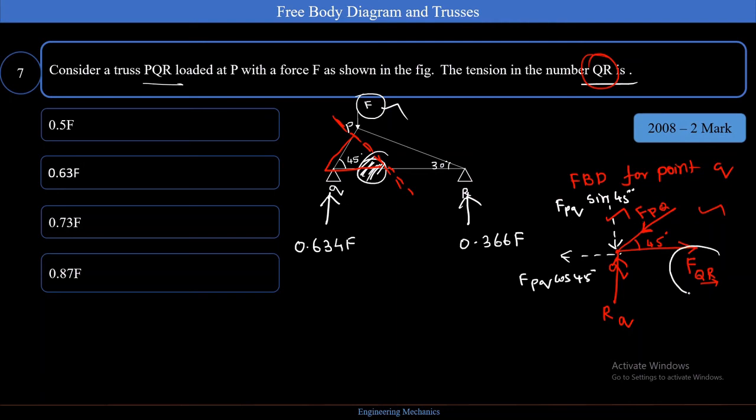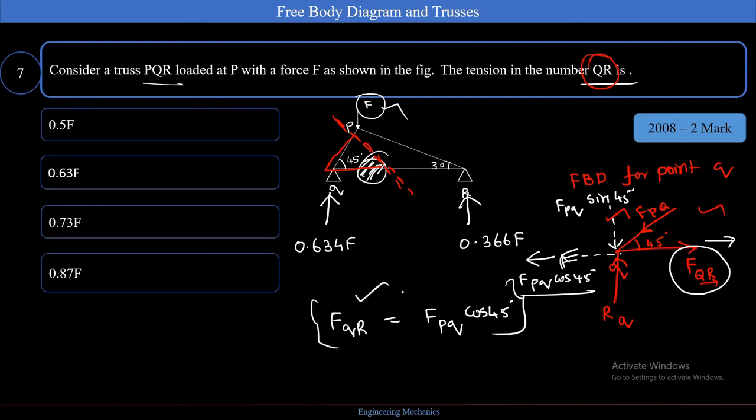What I need to find is FQR, that is the tension in the member QR, which is moving to the right side, is going to be equal to the force which is moving in the left side, that is the tension towards PQ, FPQ cos 45.